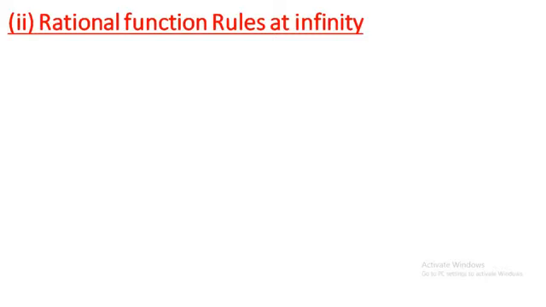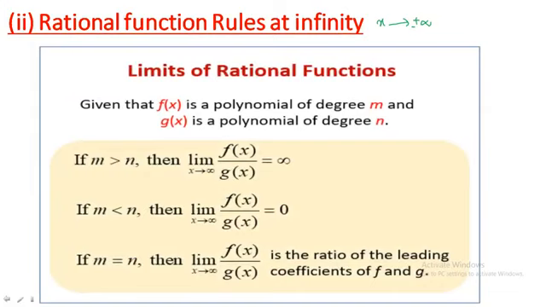Now, if I have a rational function and we have the limit as x tends to plus or minus infinity, if you remember, we have three cases. First, if I have the rational function f of x over g of x, with f of x of degree m and g of x of degree n, and I want to calculate the limit as x tends to infinity of f of x over g of x, where the degree of f of x is greater than the degree of g of x, then the answer will be infinity.